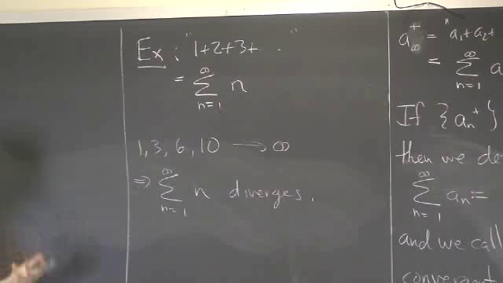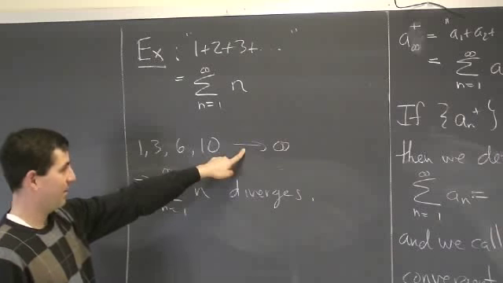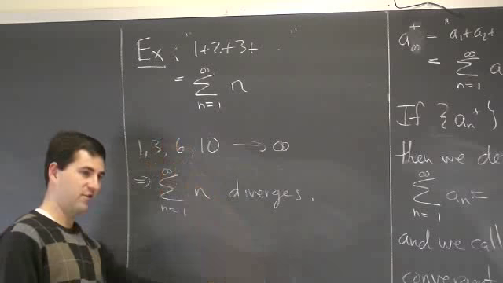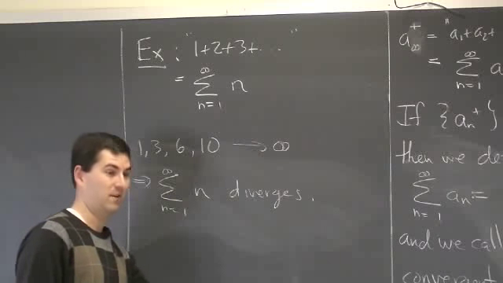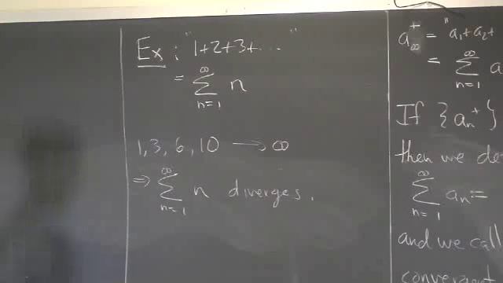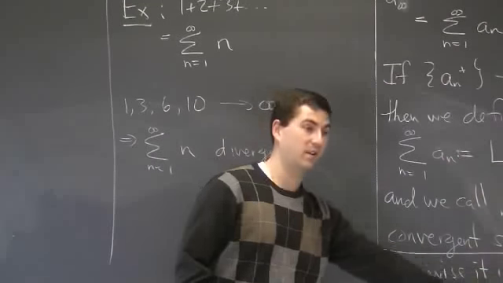But we're not really doing anything new here. In the end, all we're doing is talking about a sequence and whether it converges. A convergent series is really just a convergent sequence. There's nothing new, it's just new words. What's the difference? A series is always coming from a sequence.